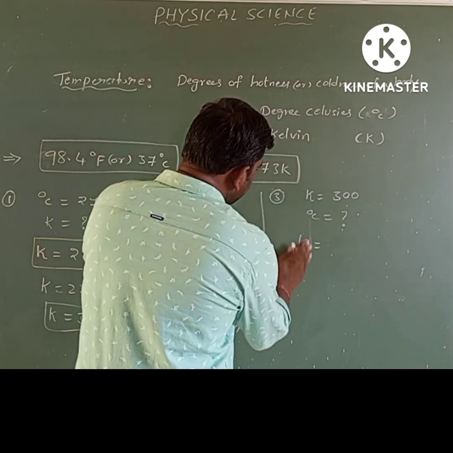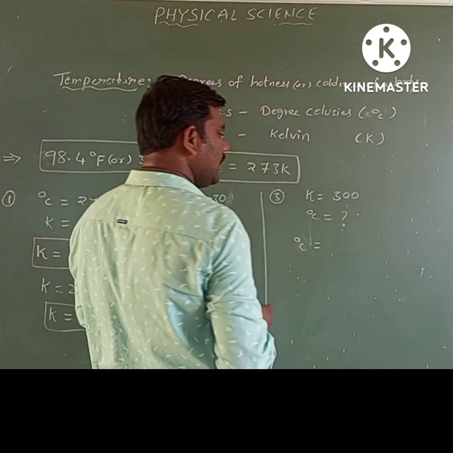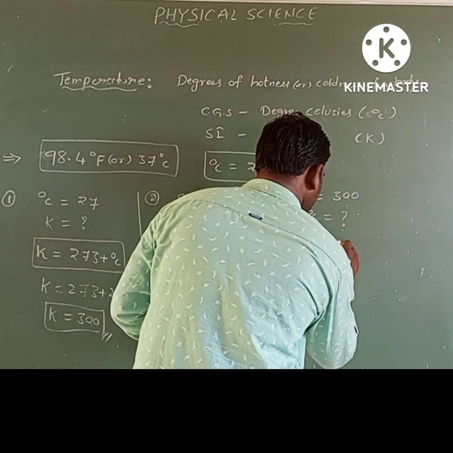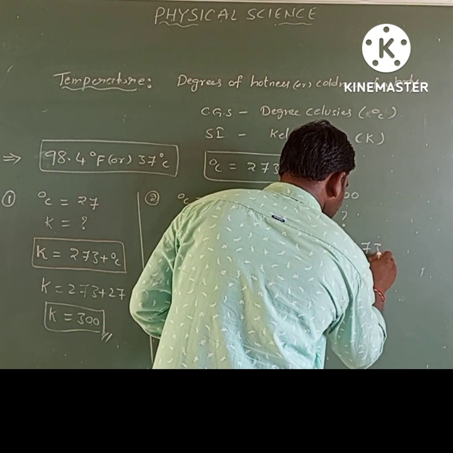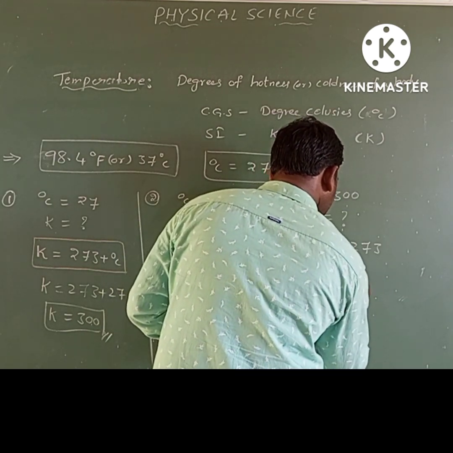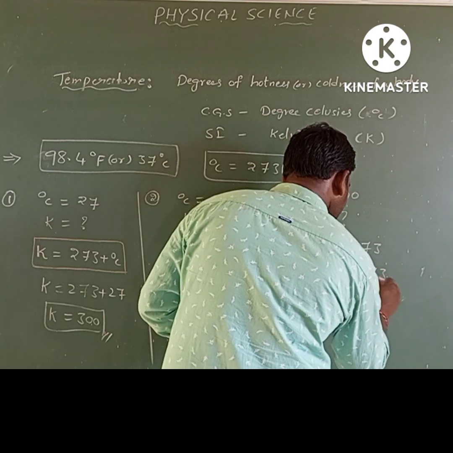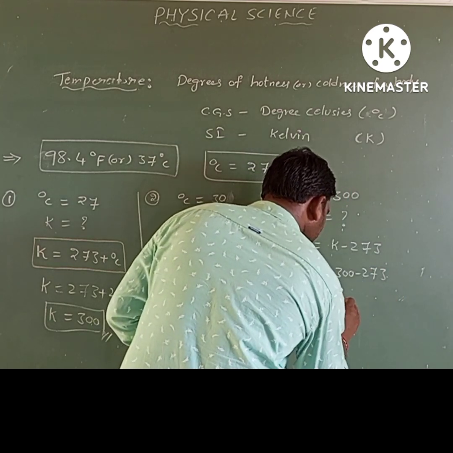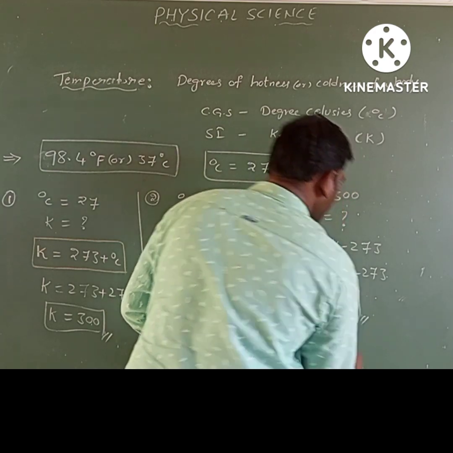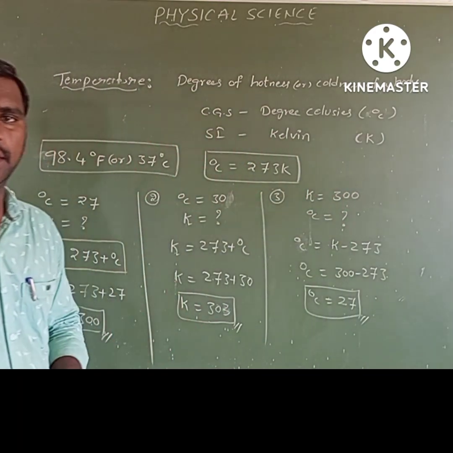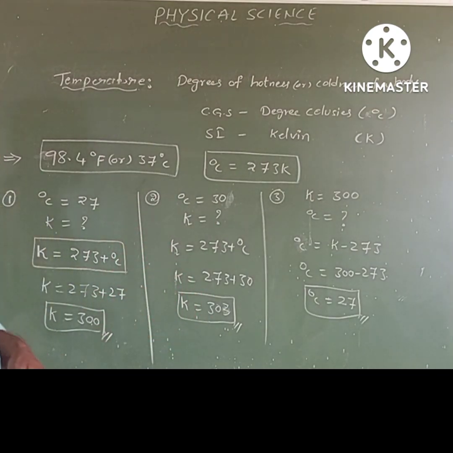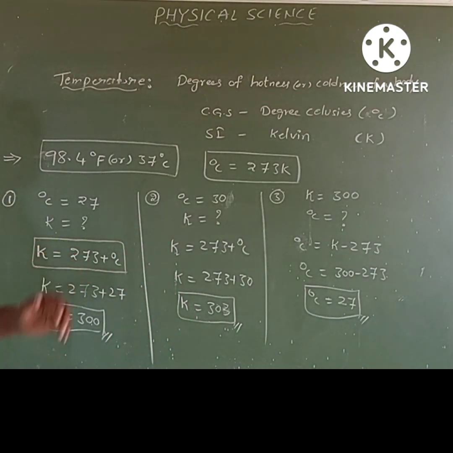Degree Celsius temperature is equal to Kelvin scale minus 273. Therefore degree Celsius is equal to K, that is 300 minus 273, which is 27. So this is also one of the examples to convert the temperature from Kelvin scale to degree Celsius scale or degree Celsius to Kelvin scale.